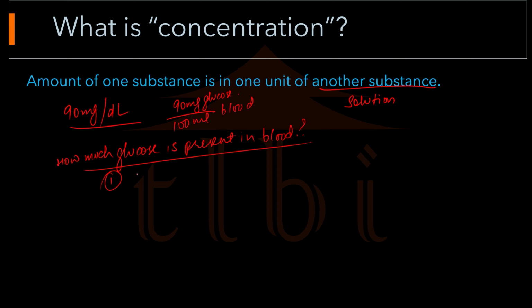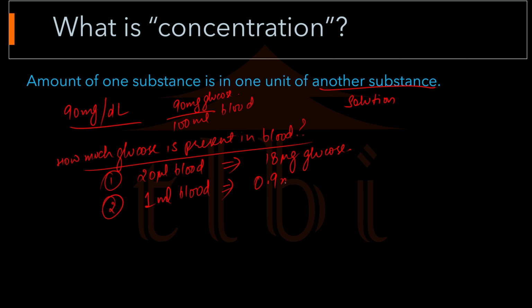The first student used a very efficient technique and utilized only 20 microliter of blood, in which he found there was about 18 microgram of glucose. The second student was a bit more generous and thought maybe I can use 1 ml blood, and he found out there was about 0.9 mg glucose in 1 ml.